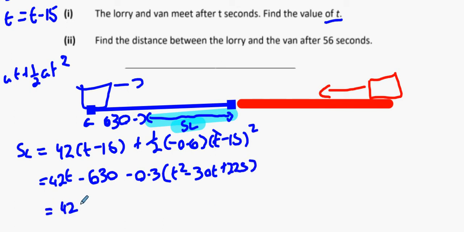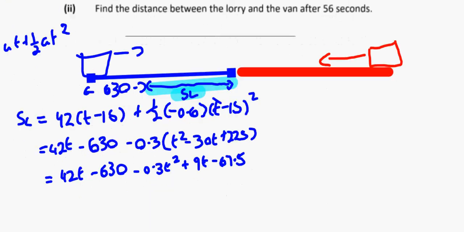We're going to get 42T minus 630, and then we're going to get minus 0.3 T squared, then 0.3 by 30 is 9T, and then 225 by 0.3. That's going to be an interesting one. It's not going to be the nicest number I've ever come across, but we'll give it a go. Yeah, it's going to be 67.5, which is an awkward number.